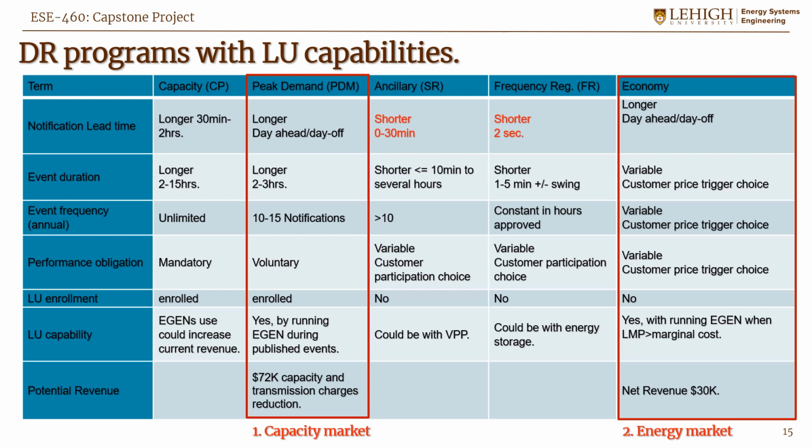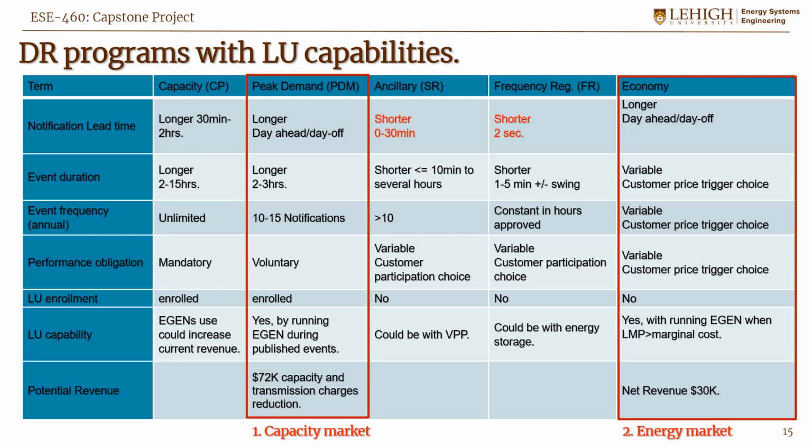Each program has its criteria that should be fulfilled to participate. Now Lehigh University participates in the capacity demand response program, but only by reducing 500 kilowatts from the demand using the existing building automation system, by lowering the air conditioning temperature setting during the published event.